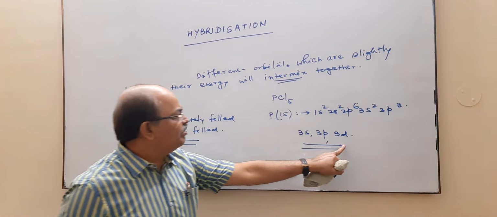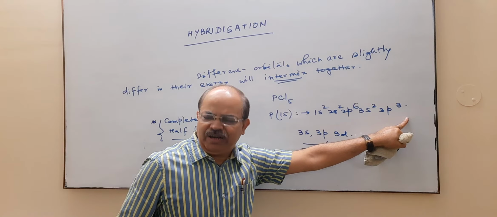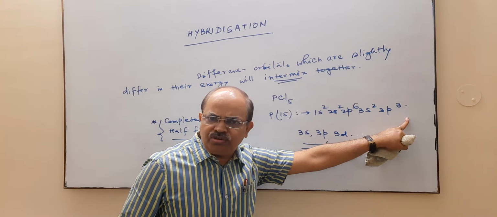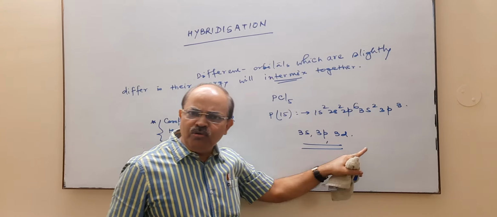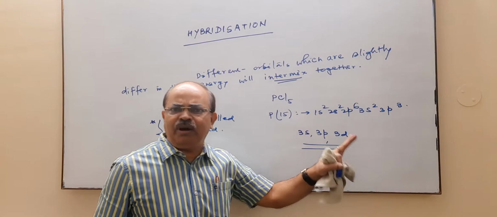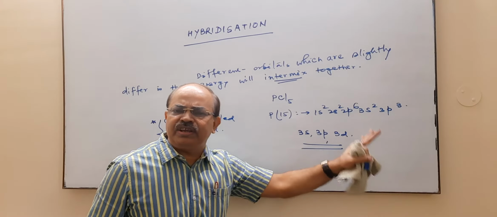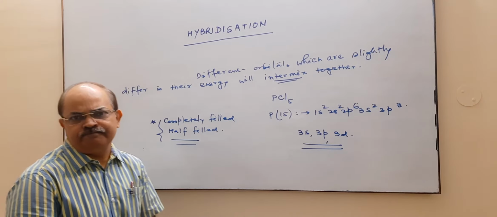ठीक है, आप अभी कहोगे कि सर यहां तो 3d ऑर्बिटल नहीं है, there is no 3d orbital, so how can you say this 3d will take part? हम देखेंगे कि 3d कैसे यूटिलाइज होगा.